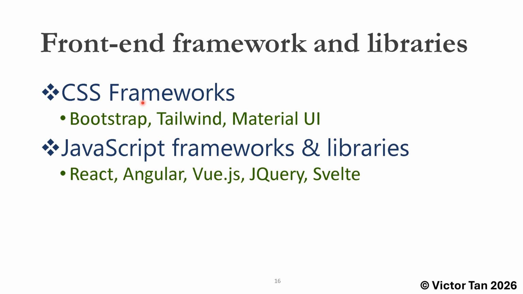So let's look at the popular frameworks and libraries for front-end. For CSS, probably the most famous framework is Bootstrap. And there are also other popular ones right now, such as Tailwind and Material UI from Google. And in terms of JavaScript frameworks, we have React, probably the most popular front-end JavaScript framework. And then, of course, Angular, which is what we are studying in today's workshop, Vue.js, jQuery, and Svelte.